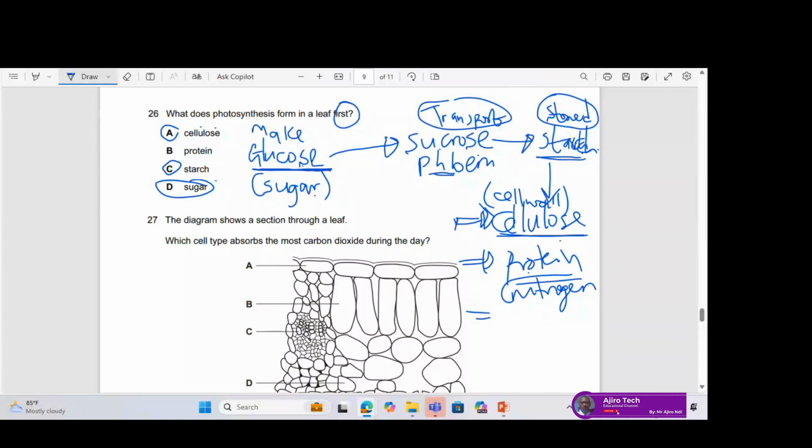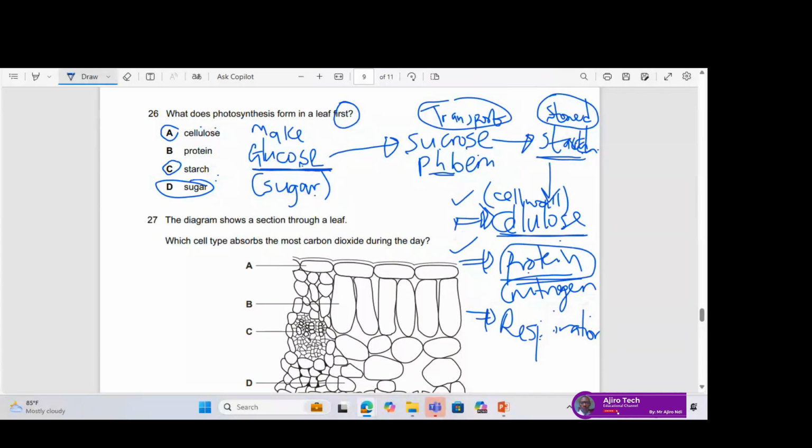They can even use the glucose for respiration, okay, to release energy. So these are the uses of the food they make. They can ask you, what do plants use the sugar they make? What do they use it for? They can convert it to cellulose to make cell wall. They can add nitrogen to it to make amino acids or proteins.